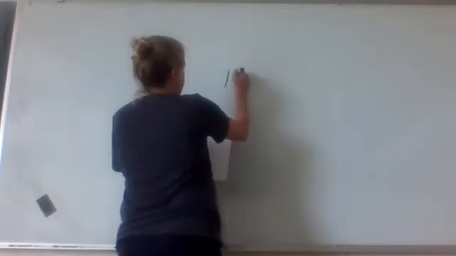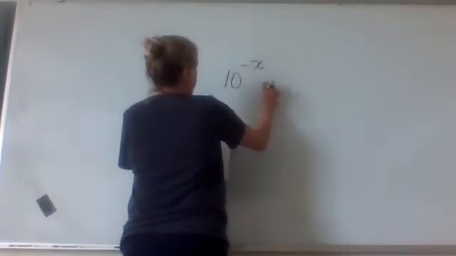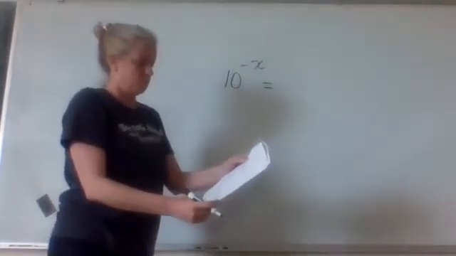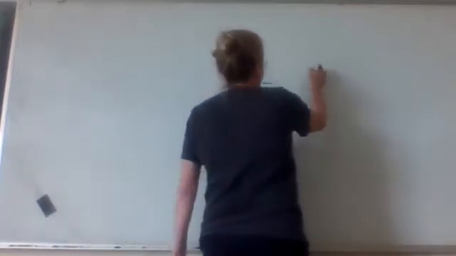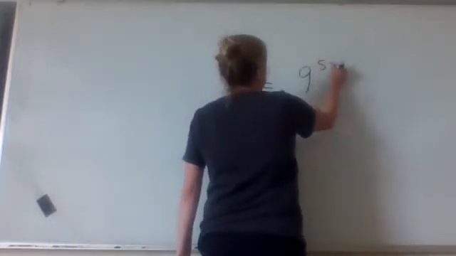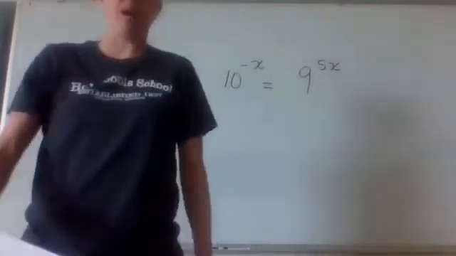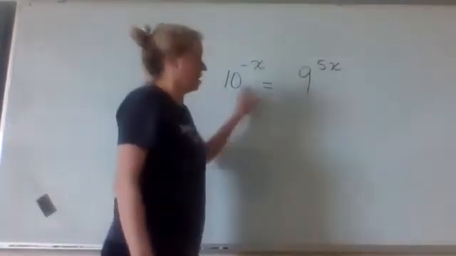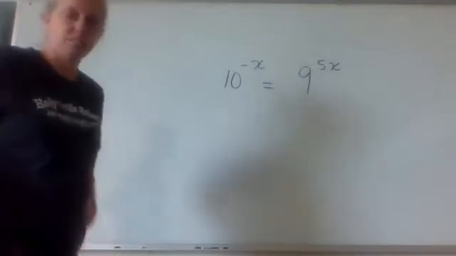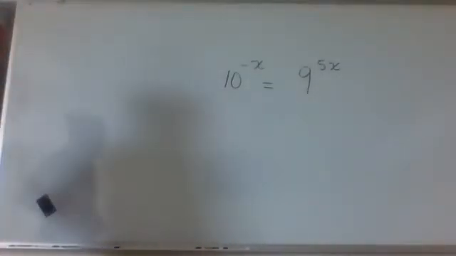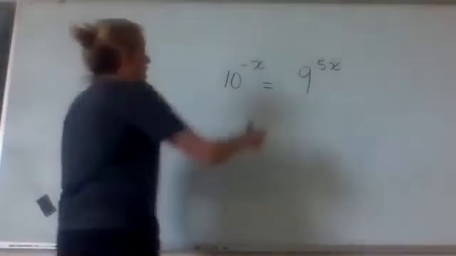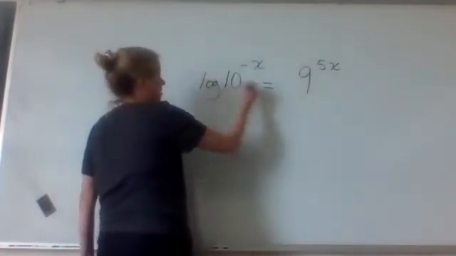To the negative x equals 9 to the 5x. Okay, I'm not going to be able to rewrite these with the same base. So I am going to log both sides so that I can get my x's out of the exponents.